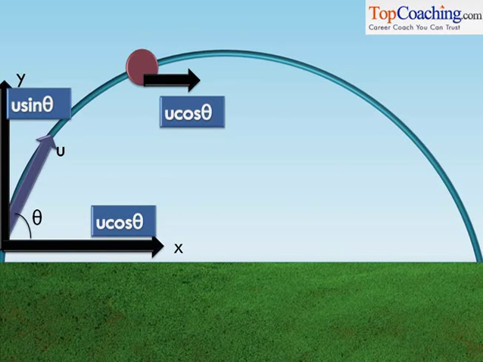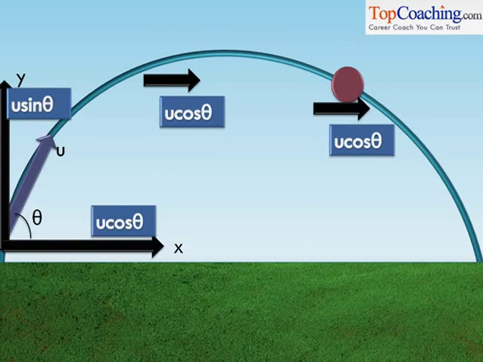The initial horizontal component of the velocity was u cos theta. If you look at the ball after some time, the horizontal component of the velocity will still be u cos theta. After some more time, the horizontal component will again be u cos theta. When the ball touches the ground, the velocity will still be u cos theta.